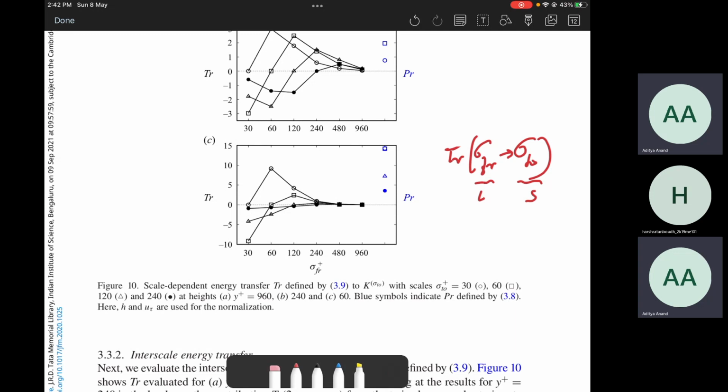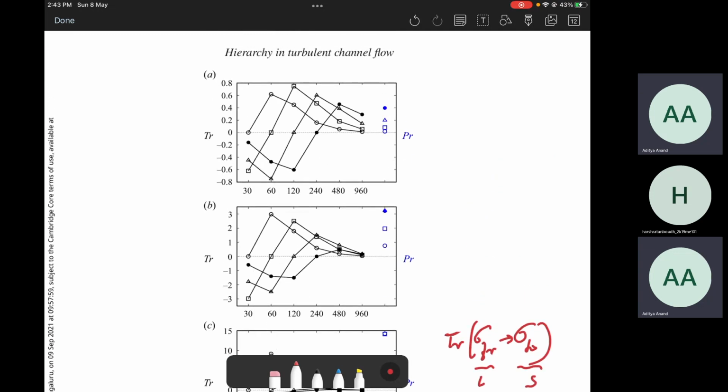Okay, so we have to look at these symbols. The circular symbols are for sigma 2 of 30, square is for 60, 120 and 240. So the circle is for 30. Let's look at this plot.